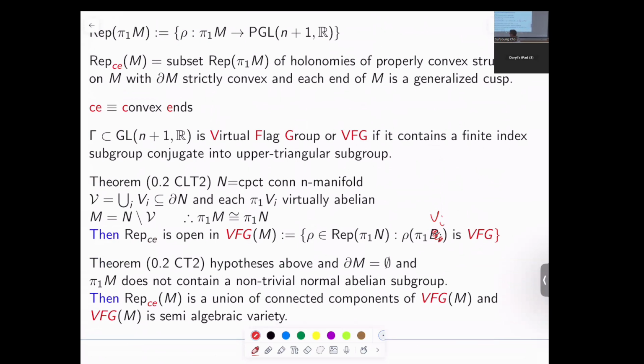Sorry? So in the fundamental group of the manifold N, yeah. Well, hyperbolic group? Not here, no.